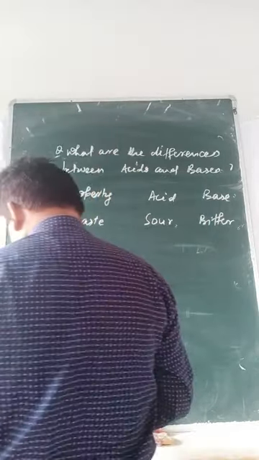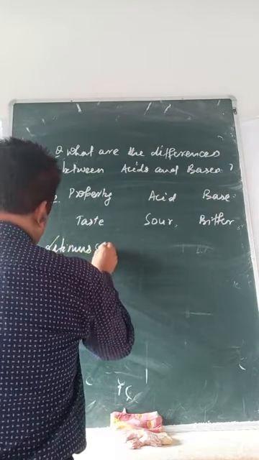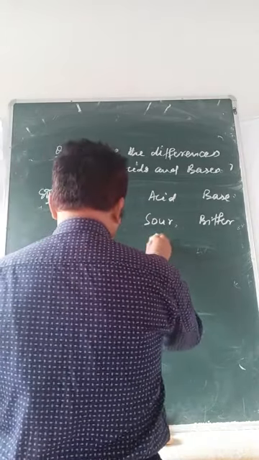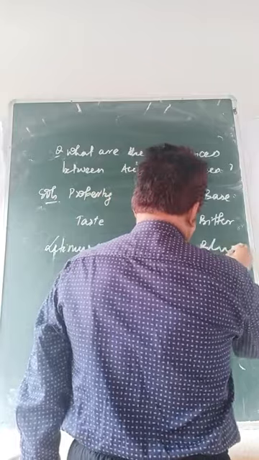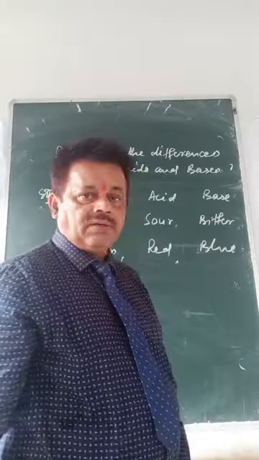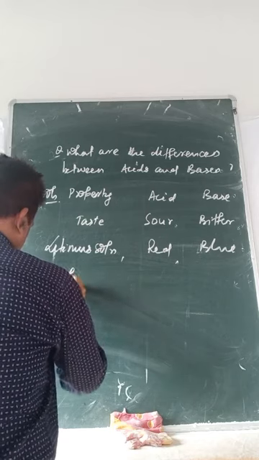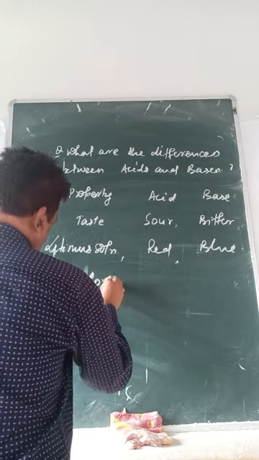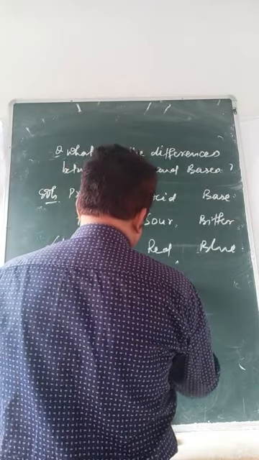Then it comes up litmus solution. Litmus solution, acid makes what? Red. Base makes what? Blue. Red litmus solution remains as red and blue here. Okay. Then when it is methyl orange, methyl orange is red, this is yellow.